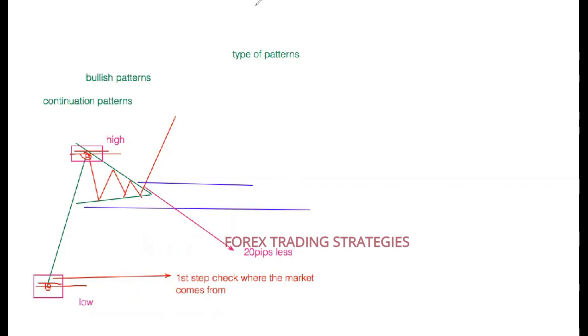Your stop loss, make sure that from here to here is very important. Here to here, it should be less than 55. Maximum, that's the maximum that you can go. Very important. Your stop loss, it should be 55 pips less.